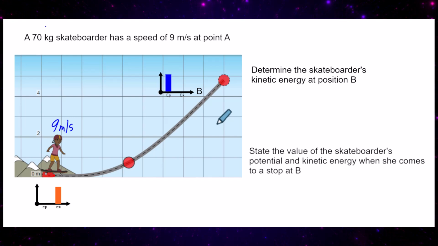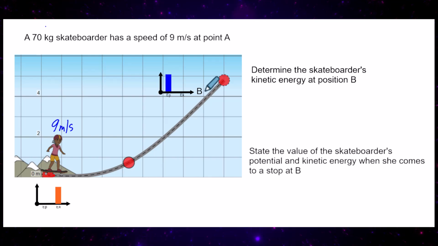But as she travels up the slope, that kinetic energy is being transferred into potential energy. She'll be losing her kinetic energy and it'll be transferred into potential energy until she gets to a point where she's got no kinetic energy left to transfer. She comes to a stop and all the energy she's got is now potential energy, and that's at position B.